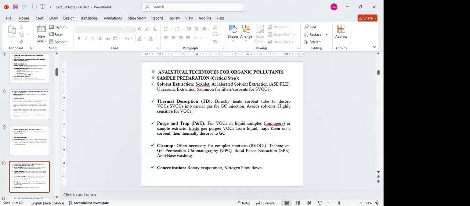So, having said that, we are now going to look at the organic pollutants, because all this while we've been talking about the inorganic pollutants. What do we do with them?